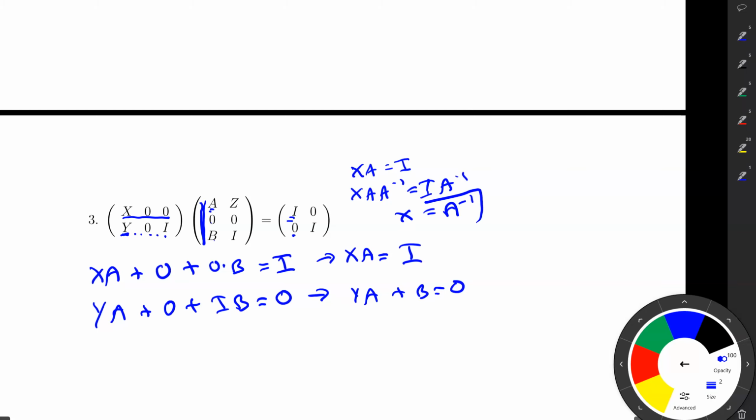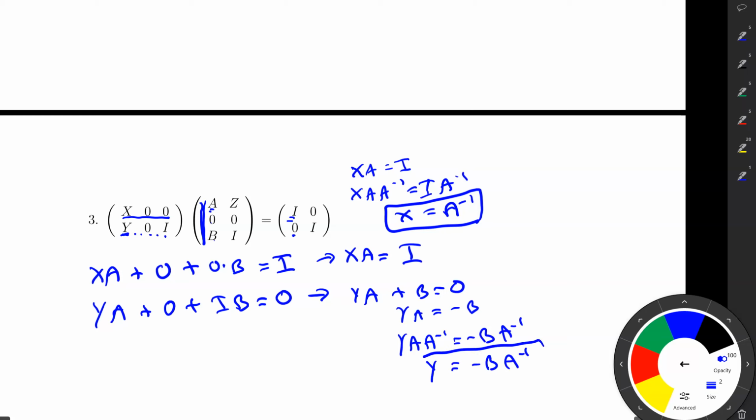So I've got what X is equal to. All right, so I think I can take this and solve for Y. So let's subtract this over, and then I'm going to multiply both sides on the right by A inverse. So Y is equal to negative B A inverse.